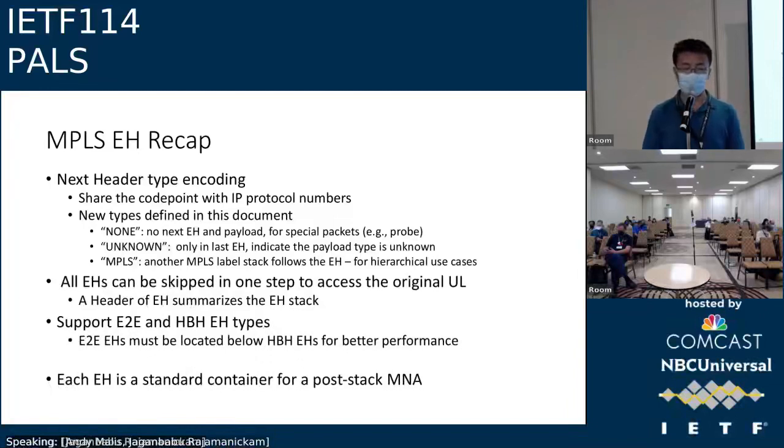This is the last one, so it can be used for special packets such as a probing packet. The second type is unknown, which can only be used in the last extension header, and basically tells you that the payload type is unknown. This is compatible with the current practice in IP. The next type is MPLS, which means another MPLS label stack follows this current extension header. This is very useful for hierarchical use cases in which you have multiple levels of MPLS label stacks.